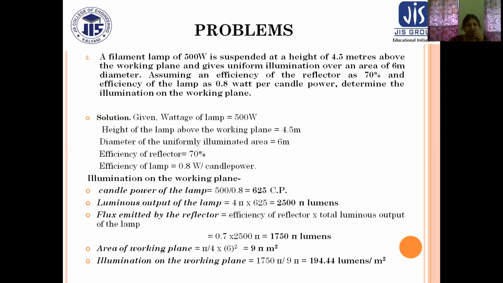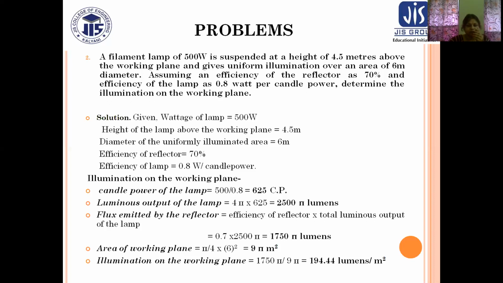Next, flux emitted by the reflector is equal to efficiency of reflector into total luminous output of the lamp. The efficiency of the reflector is given as 70%, and 70% means 70 by 100, that means 0.7, into total luminous output of the lamp. We already found that the luminous output of the lamp equals 2500 pi lumens.